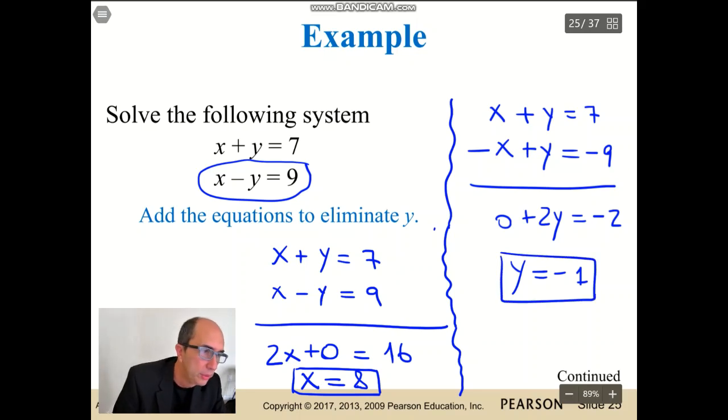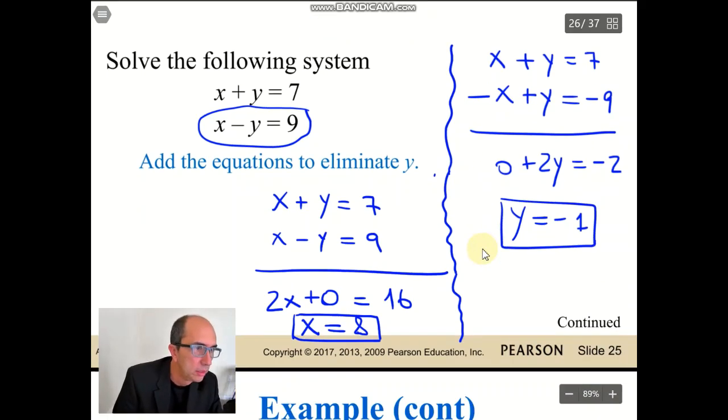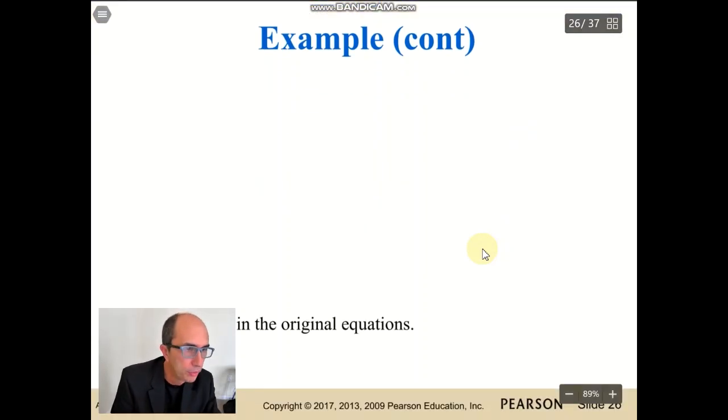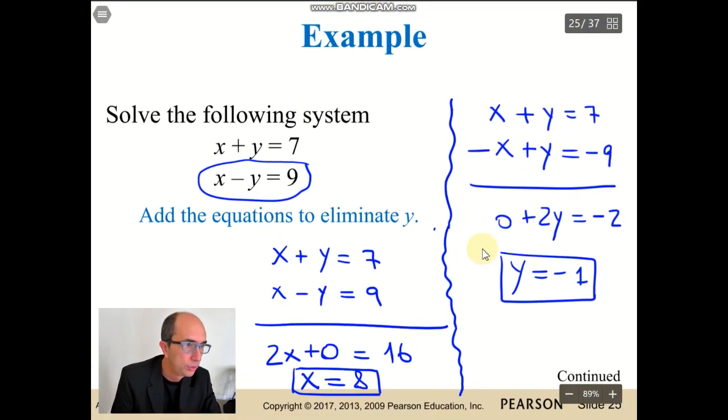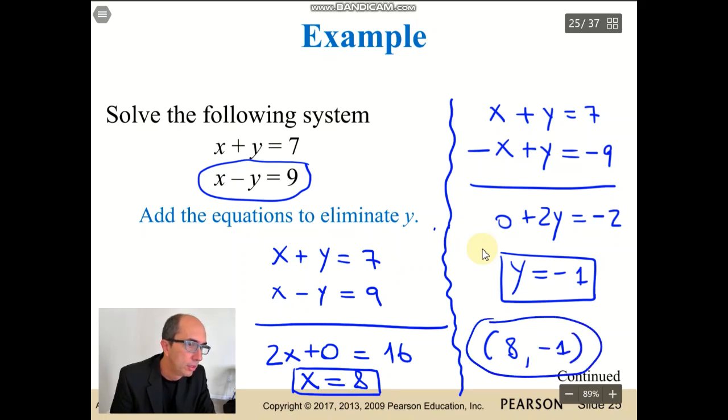This is how you use the elimination method to solve a system of equations. Don't forget to check the solution, and the solution here is the ordered pair (8, -1), right? Check this solution in the original system of equations.